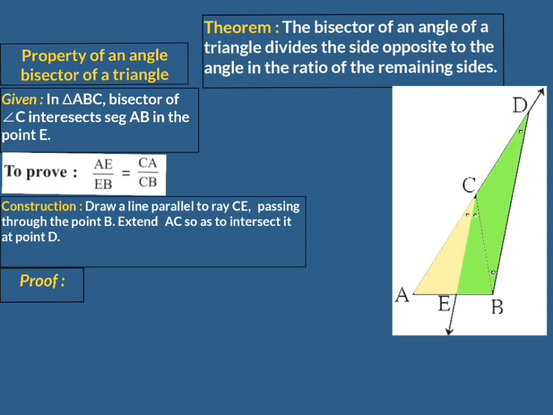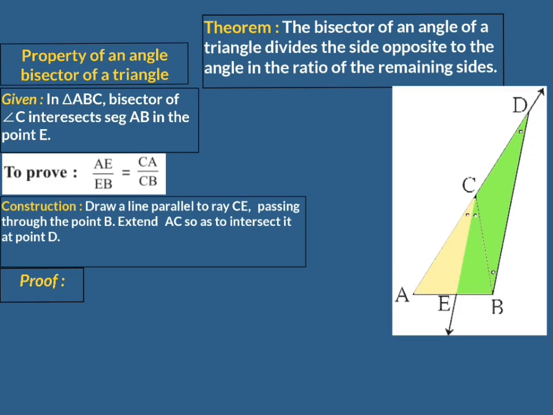Now the next and most important part is to write the proof. First I'll explain the proof using the diagram, and then we'll see the step by step written proof. Now look at triangle ABD, this whole triangle ABD. Can we use the basic proportionality theorem in this triangle? Just think. Yes.